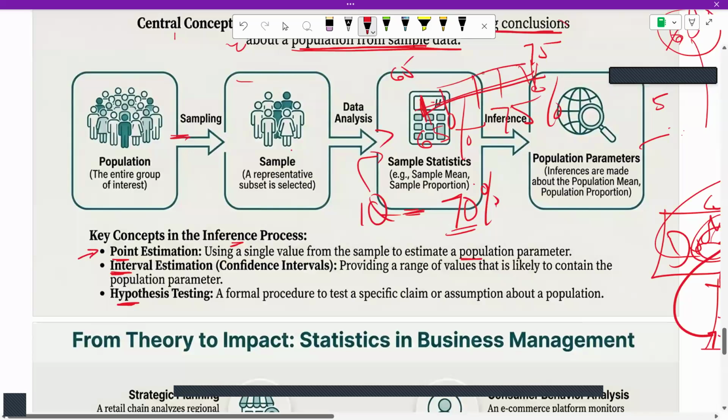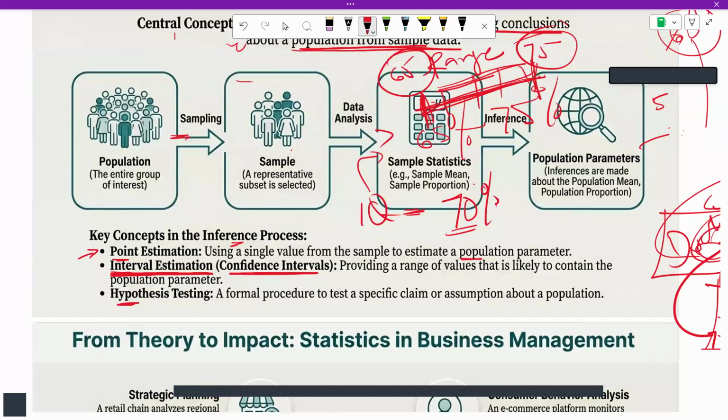So within this range, he may score. If we come to the conclusion in this manner, it is called interval estimation. So it has confidence intervals. I believe there is a 95% chance that I may take a score of 65 to 75.